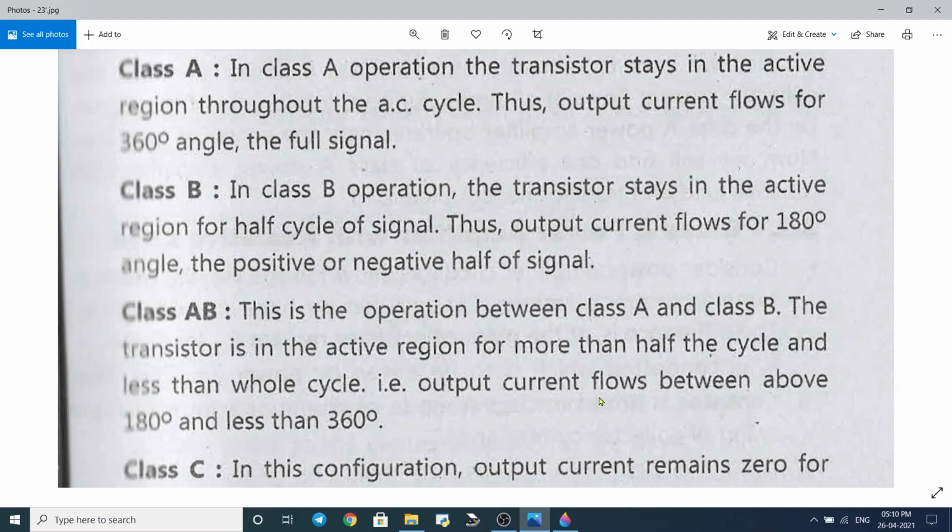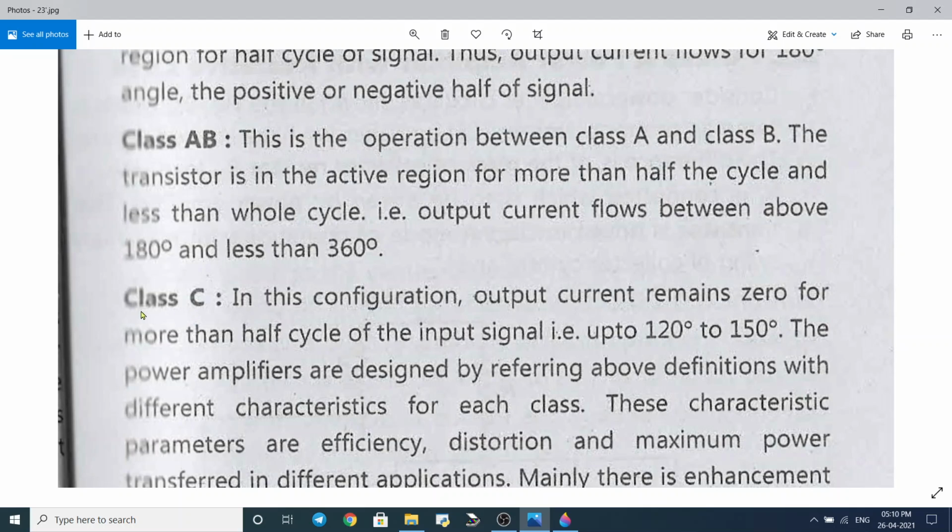That means the output current will flow above 180 degrees and less than 360 degrees.